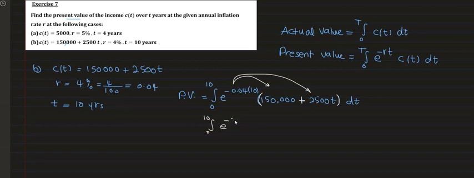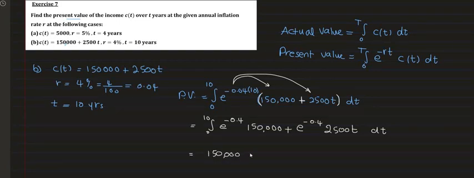We can write this as e to the power of negative 0.04 t multiplied with the constant, plus e to the power of negative 0.04 t also multiplied with the other term, with respect to t. So what's the integration of the first part? That's a constant that will drop, right? So it's 150,000, and then the e here carries a constant as well.